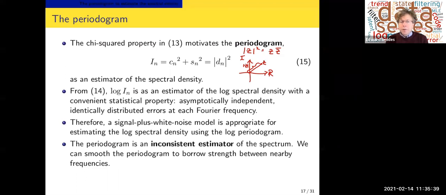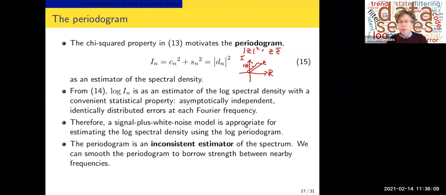One thing that needs a little bit of care is the periodogram is an inconsistent estimator of the spectrum. We see that the errors at each frequency in equation 14 don't become small as the length of the data n tends to infinity. So what happens instead is that the Fourier frequencies become closer and closer together, so it becomes increasingly reasonable to borrow strength between nearby frequencies.